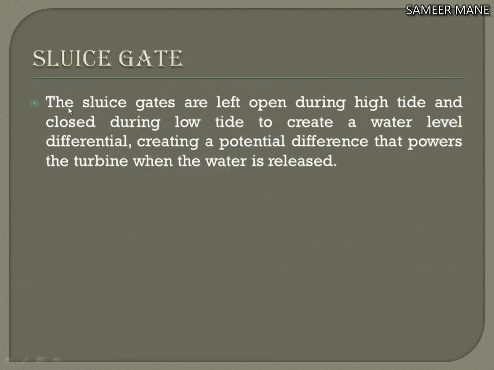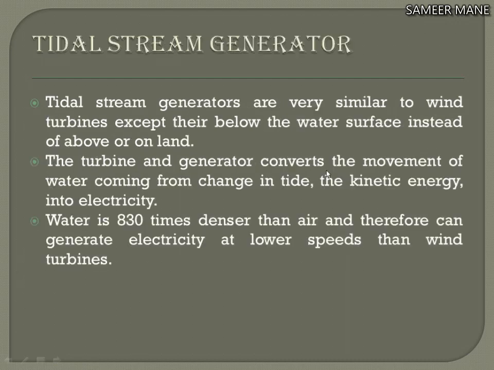Next part is a sluice gate. The sluice gates are left open during the high tide and closed during the low tide to create a water level differential, creating potential difference that powers the turbine when water is released.